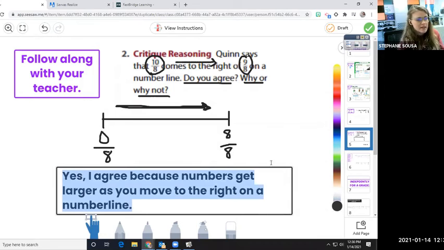It's just common sense. They're just checking to make sure you got it. Okay? So yes, we agree because we know that numbers move larger, greater, bigger as we move to the right of a number line. And 10/8 is bigger than 9/8.